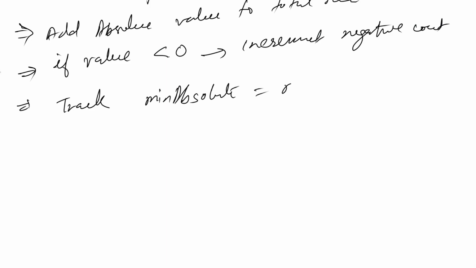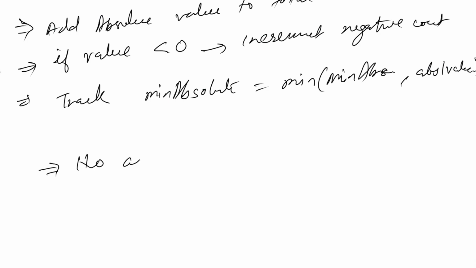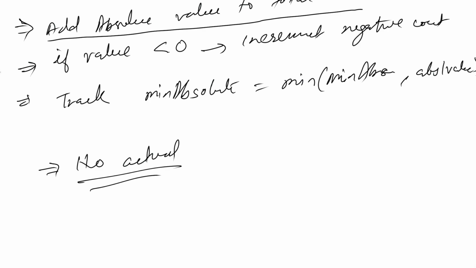You will take the minimum of the min absolute and the absolute value of the values. Like this we have to go. So you take the absolute value and then add it to the sum.